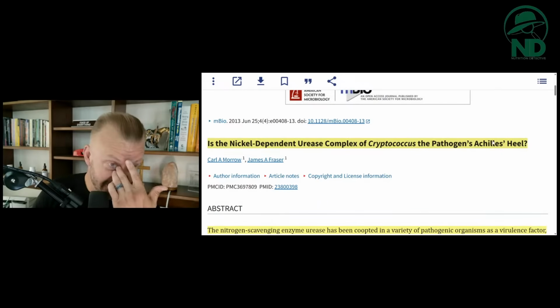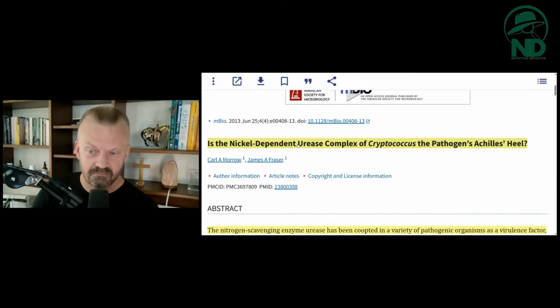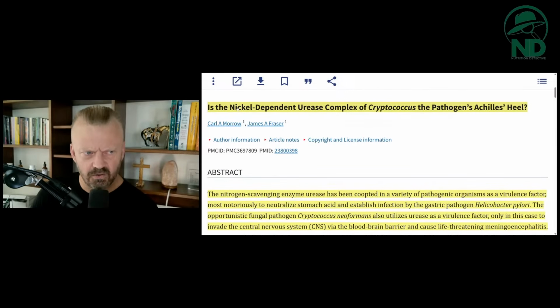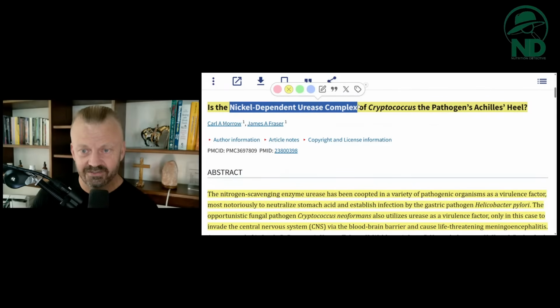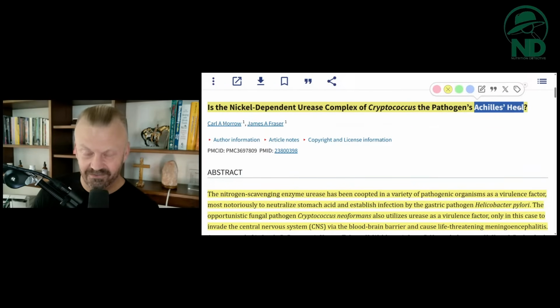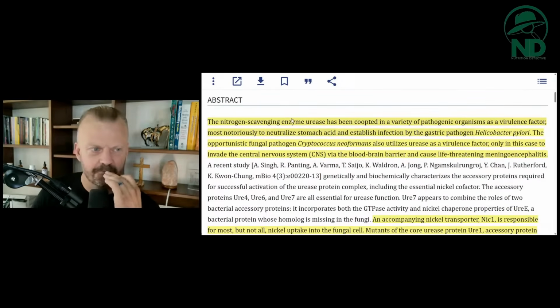Does that sound like a scientific paper, or does that sound like almost the author's trying to say, look, stupid, like this is how you fix this? Immunocompromised, opportunistic infections, nickel-dependent urease complex, the Achilles heel. You know what Achilles heel is, hopefully. If you don't know what Achilles heel is, I'm going to leave it up to you to look that up.